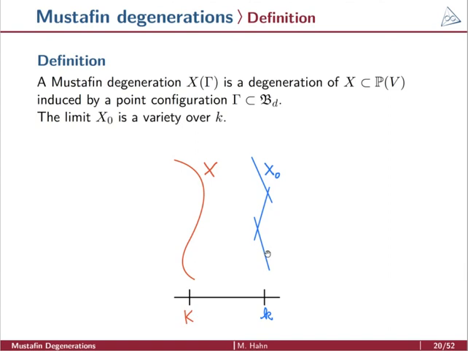Now let's say we have big K equal to the p-adic numbers. Well then, this X is going to live over a field of characteristic 0 that is in some sense continuous.